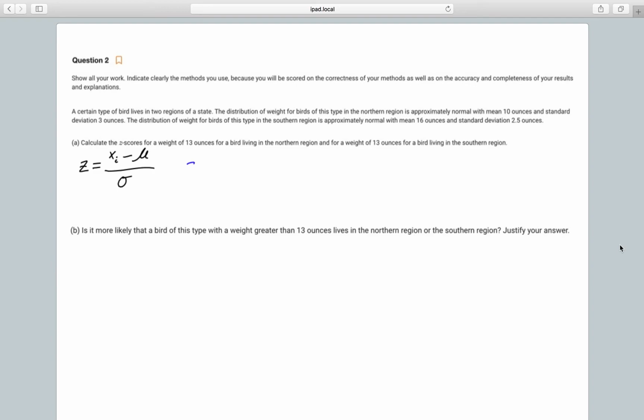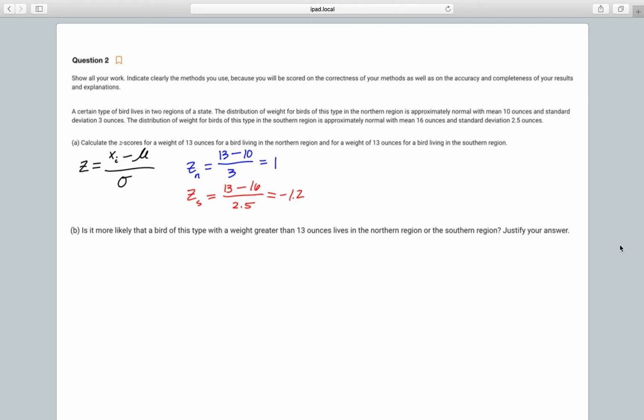So for the northern bird, label that one z sub n, we're going to do 13 ounces minus the mean of 10 divided by the standard deviation of 3, and that's going to come out to a positive 1. And for the bird in the southern region, take the same 13 ounces, we'll subtract their mean, which is 16, divided by the standard deviation of 2.5. So that's going to be negative 3 over 2.5, which is negative 1.2.